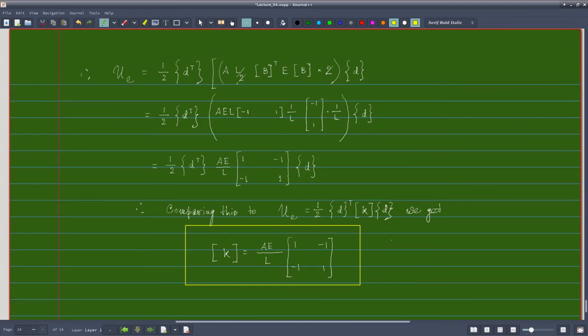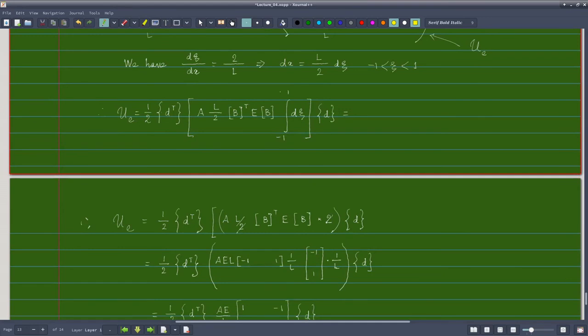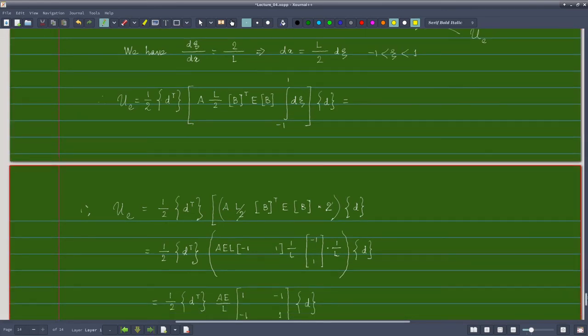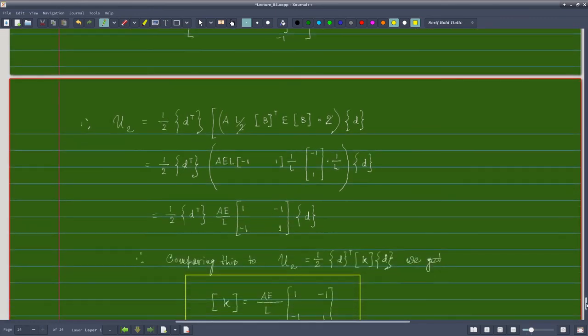We got the strain displacement matrix, and also did the integration with the help of this natural coordinate, and we have seen that this kind of integration is pretty easy compared to integration done over the actual coordinate. That's why we prefer natural coordinates, so that the numerical integration becomes cheaper.